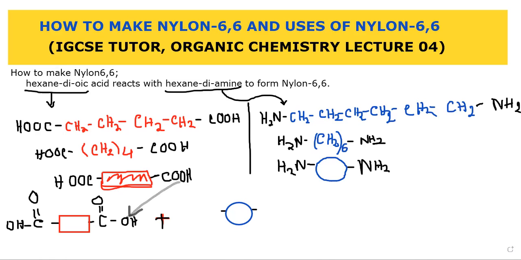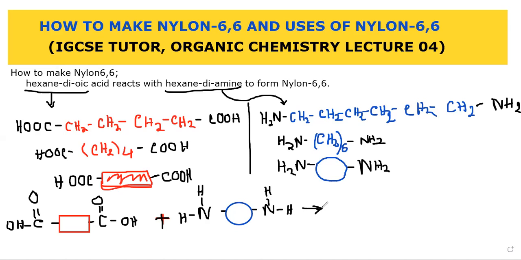Now we are going to show the displayed formula of hexane diamine. So the displayed formula for the amine is only N and 2 H. Here is H and here is H. Okay, so another N, H. Okay, so it will be pretty simple now.